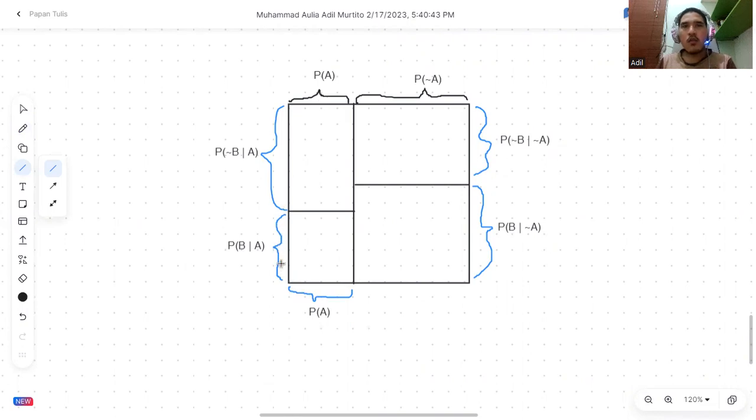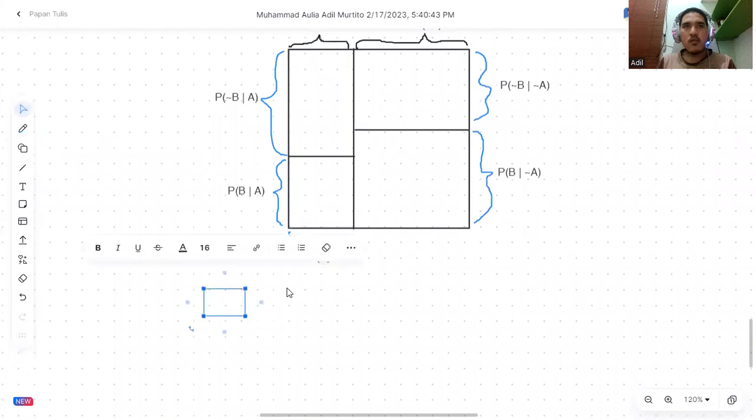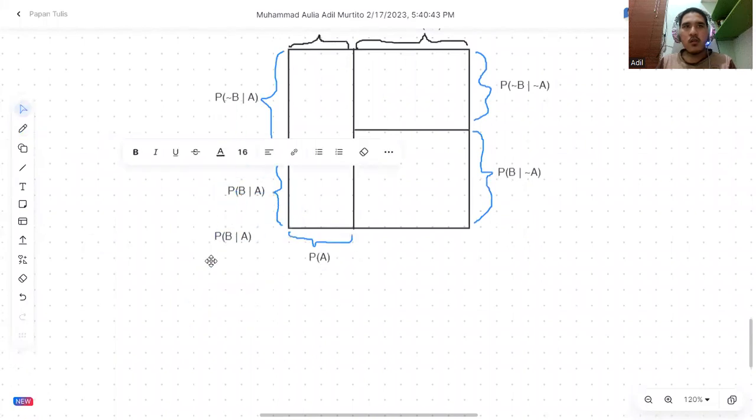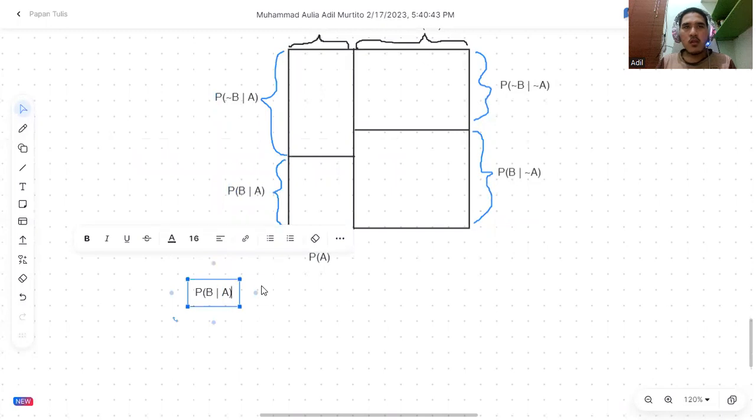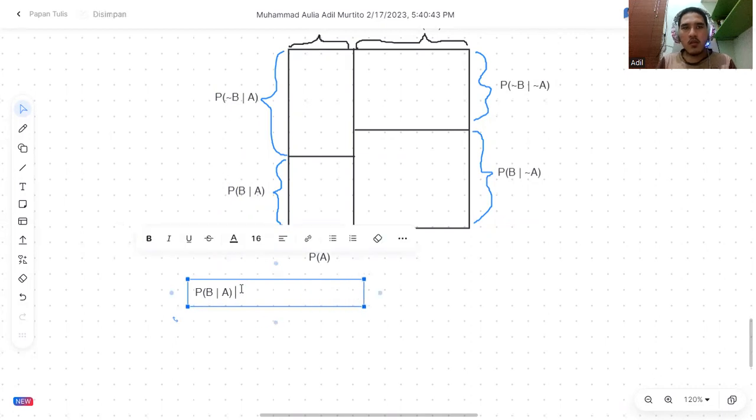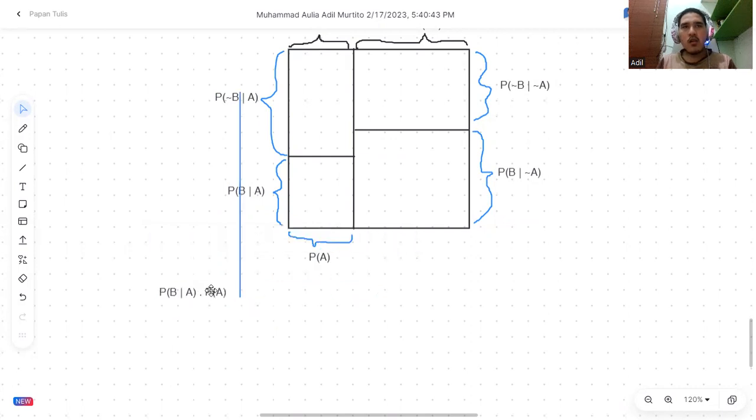Therefore, if we multiply these two variables, like this, P(A) times this, then we could know the area of this rectangle.